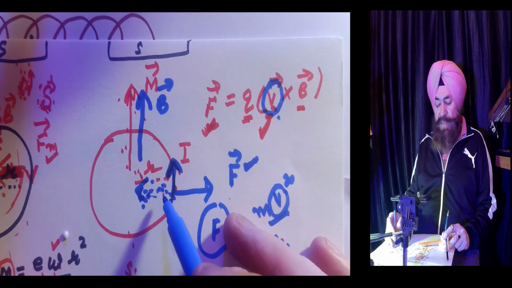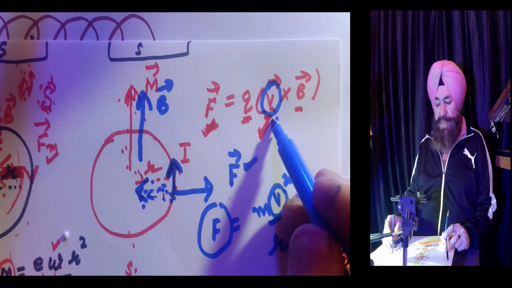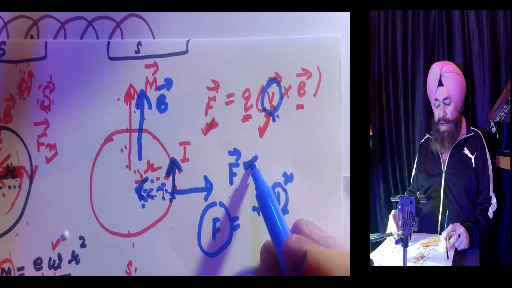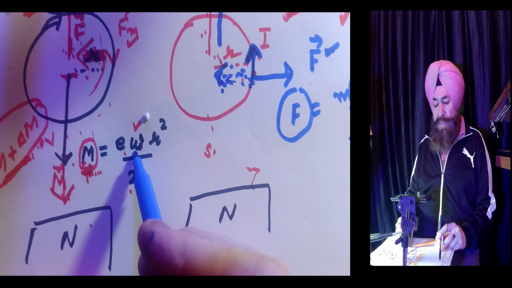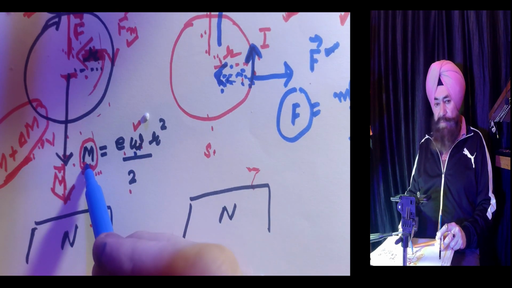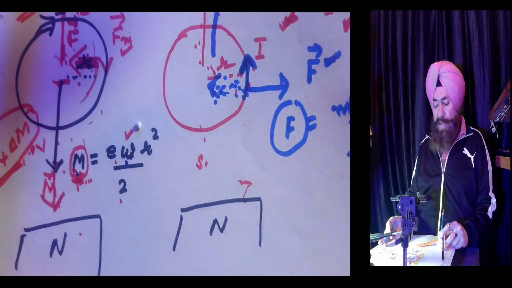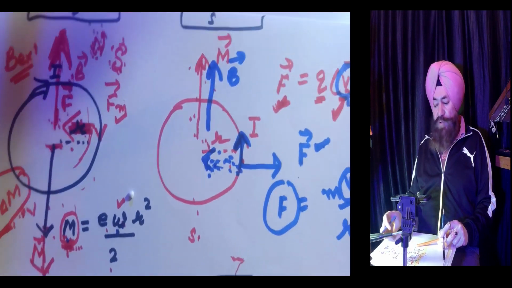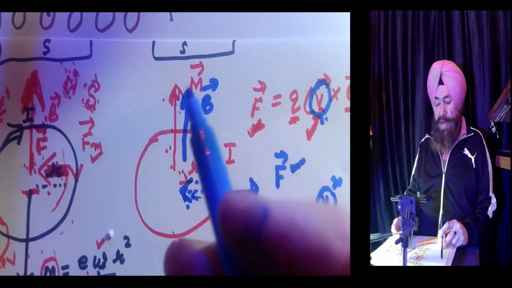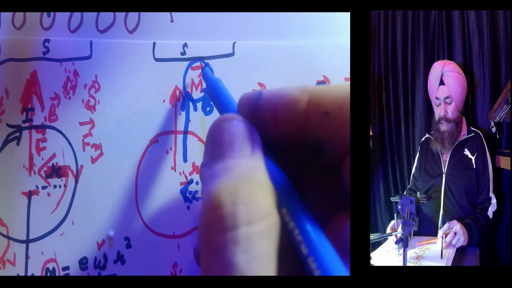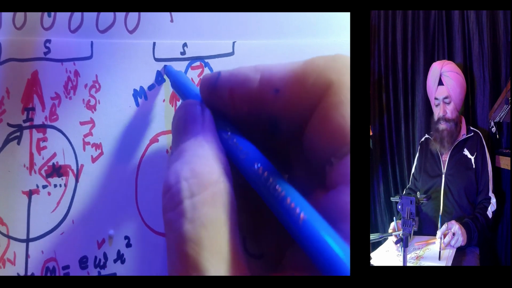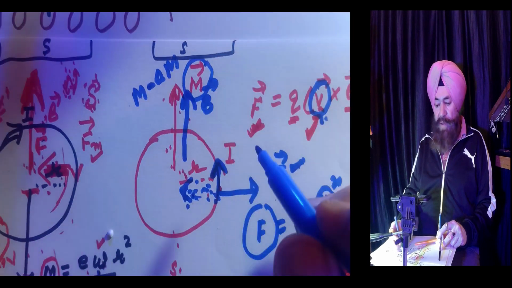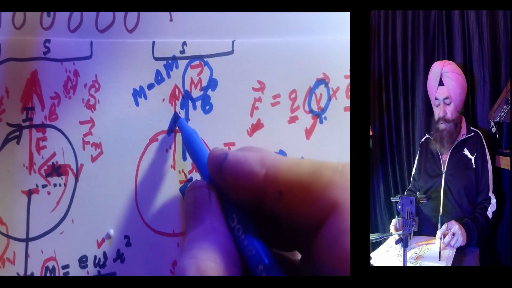So with decrease in centripetal force, V decreases. Decrease in V means omega decreases. Decrease in omega means magnetic moment decreases. The magnetic moment, which was along the up direction and was m, now gets reduced. It becomes m minus delta m. Now I will show it with a smaller line.